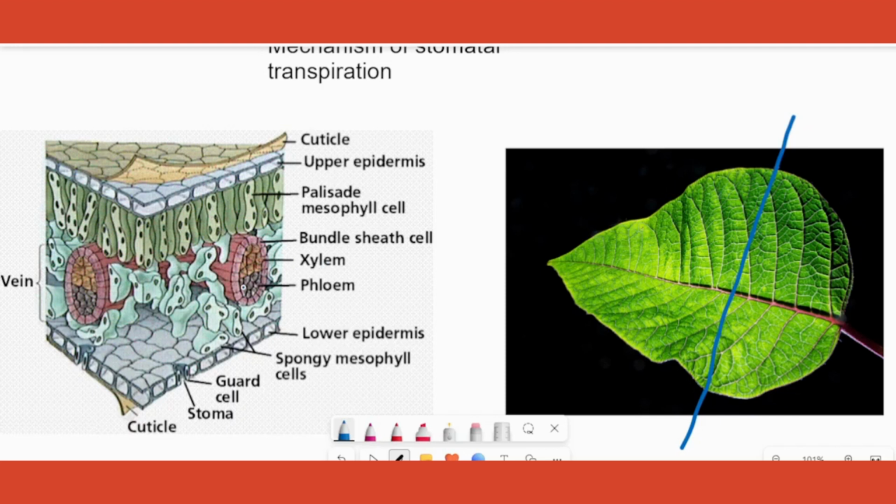So from the xylem, imagine water moving towards this kind of cell, shown in blue. Its name is spongy mesophyll cells. The same way it would go to the palisade mesophyll cell also, correct? Now you can see that next to the spongy mesophyll cell, there are so many gaps. These are intercellular spaces, the spaces between cells.